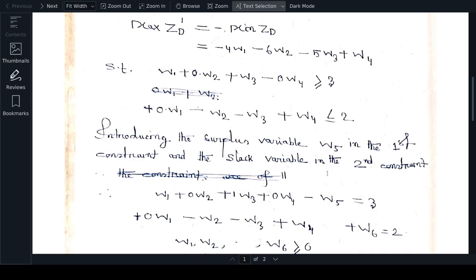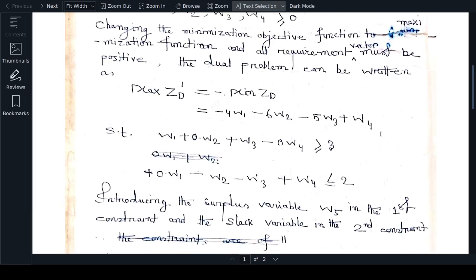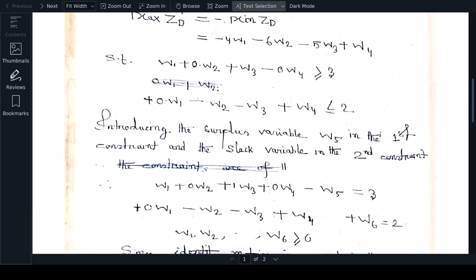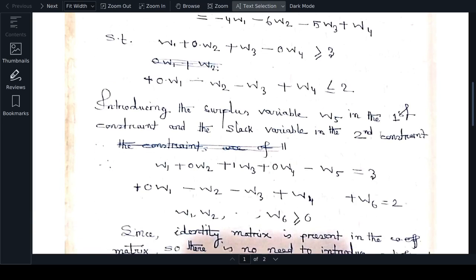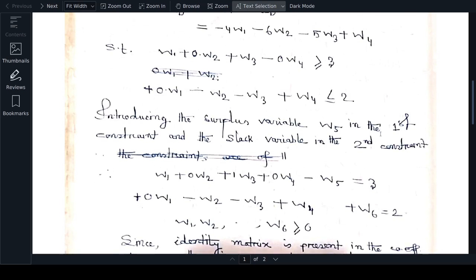Next, we introduce a surplus variable in the greater than or equal to constraint, and in the second constraint we use a slack variable.